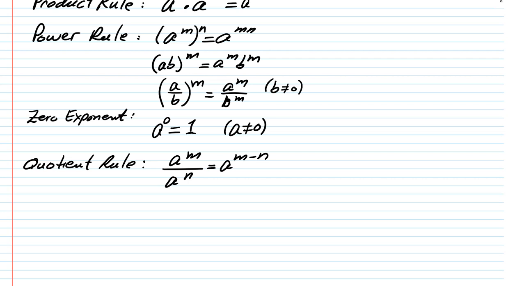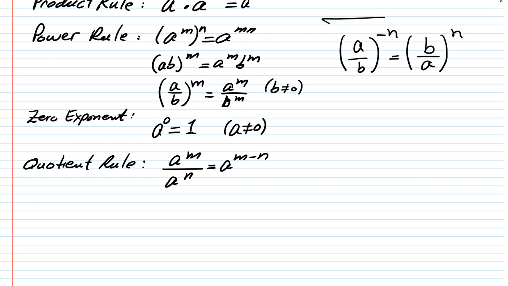Another version of the exponent rules that comes in handy is this one. If we have a over b to the negative n, this is some kind of power rule again. You can flip the fraction and change the negative to a positive exponent. This comes in handy quite a bit.